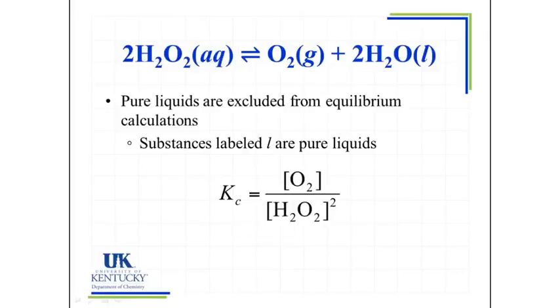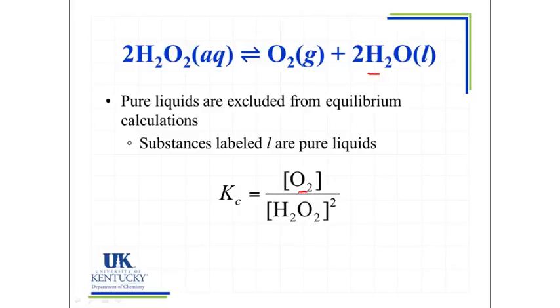The other thing I exclude from my law of mass action is pure liquids. Again, just like with solids, the concentration of pure liquids does not change. So we have a reaction here, 2H2O2 going to oxygen and water, the decomposition of hydrogen peroxide. When I look at my law of mass action, I have my oxygen as a product.